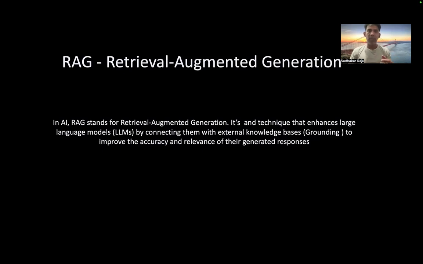As I said before, if you chat with any AI model, it'll give you a response. But how does it give the response? It gives the response from how it was trained, right? By using RAG, it gives you more accurate data from your own resources.